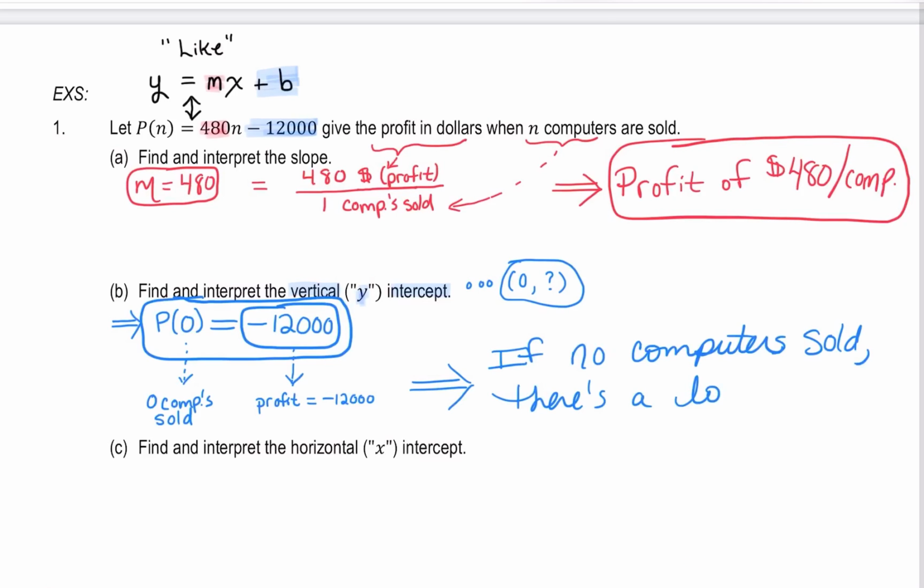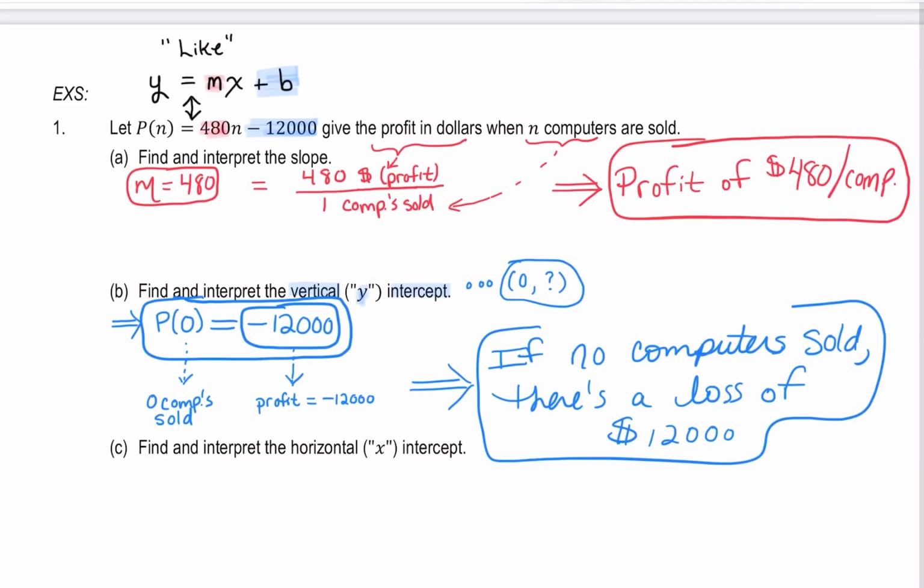There's a loss of $12,000. Okay, that's the negative reflecting that loss. I don't need to say a loss of negative 12,000 because when I say loss, that is incorporating the fact that it was negative. So a loss of $12,000.